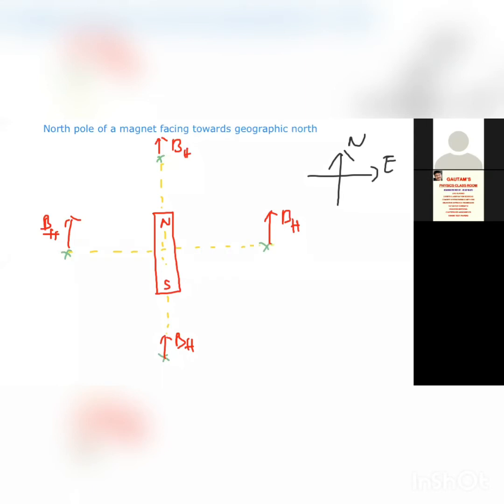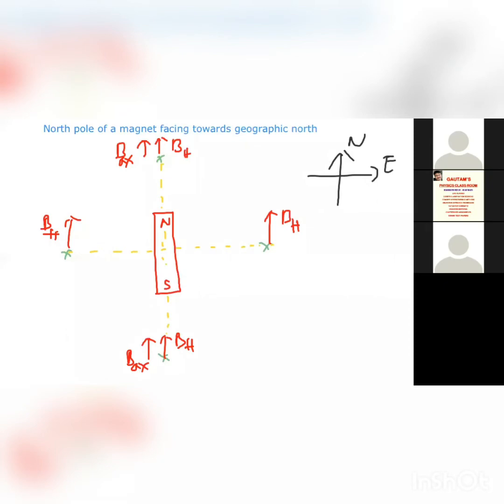Because of this magnet, on the axial line we have an axial magnetic field like this. B axial is always in the direction of south to north of the magnet at any point on the axial line.